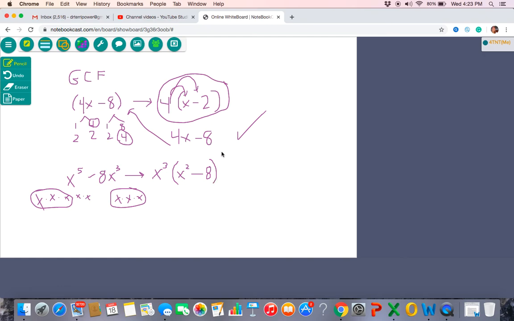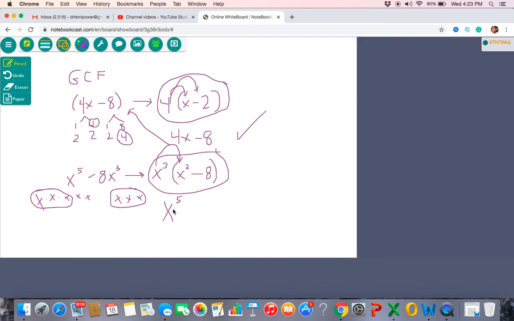So this is, I believe, my answer simplified. Now I can double check it by saying, what is x to the 3rd times x squared? Well, that would be x to the 5th, because we know if it has the same base, we just add the exponents when we multiply.